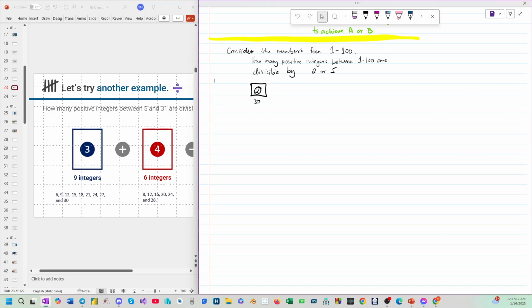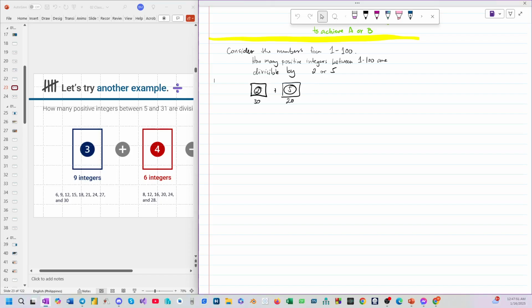That's 2, 4, 6, 8, 10, and so on until 20. For 5, we have 20.